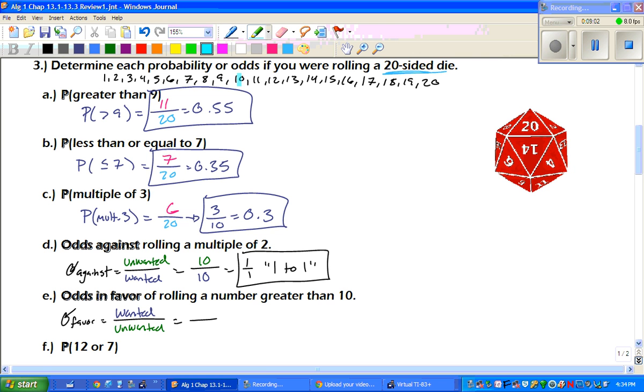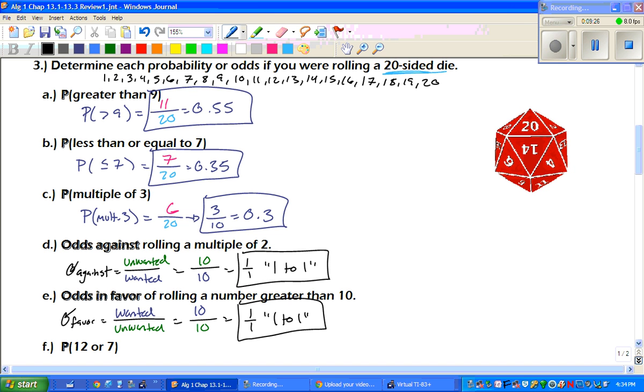Okay, so number greater than 10, so we start with 11. So 1, 2, 3, 4, 5, 6, 7, 8, 9, 10. Well, what do you know? Wanted outcomes on the top, unwanted is 10, and guess what? That comes out to be the exact same.